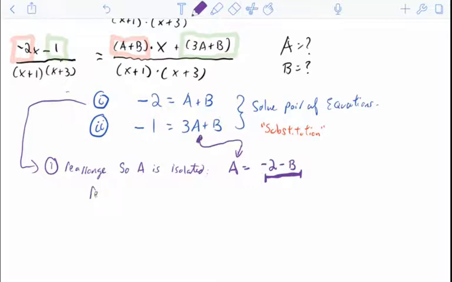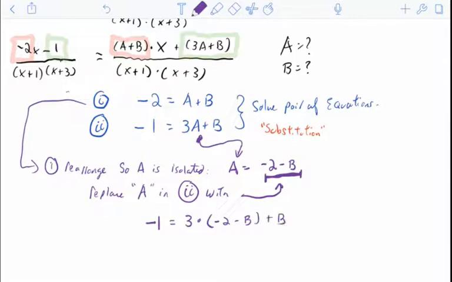Replace A in equation 2 with this expression. Okay? Watch me do it. Minus 1 is equal to 3 times minus 2 minus B plus B. And now I expand.